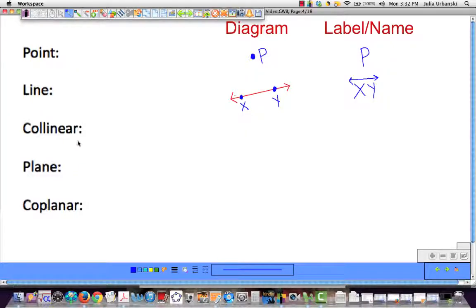Collinear. Collinear, as you saw in the vocabulary pages, the main word, the base word there is line. So it's 3 points that form a line. 2 points might form a line, but 3 points makes it collinear. Now, these are points.